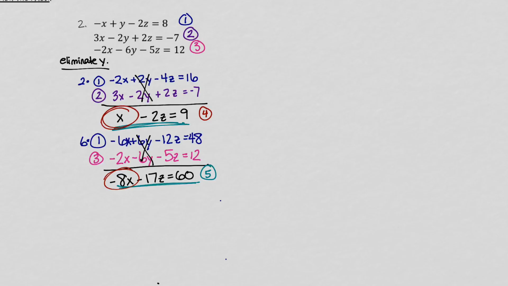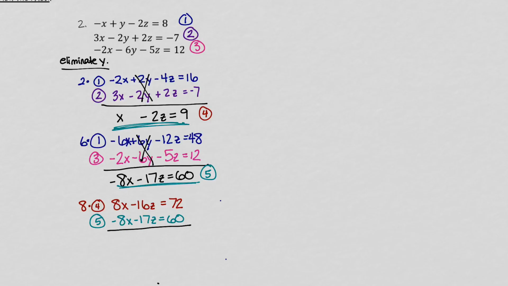So if I multiply equation 4 by a positive 8, x will go away. I'm going to take 8 times my equation 4, so I get 8x minus 16z equals 72. And then I'm just going to take equation 5 and leave it the same: negative 8x minus 17z equals 60.